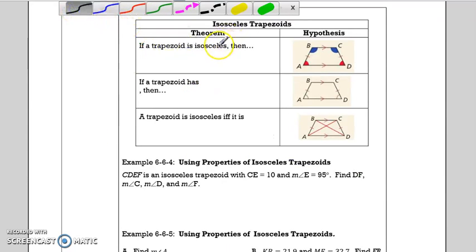If a trapezoid is isosceles, then each pair of base angles are congruent.